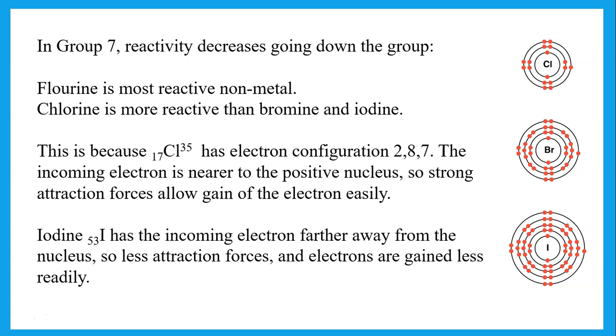The incoming electron that we're trying to gain is now further from the nucleus, less attraction force to the nucleus, so the electron is not gained easily. So the one down, iodine, is less reactive because the electron coming in is further away from the nucleus, less attraction forces to the positive nucleus, and less readily gained in the atom.